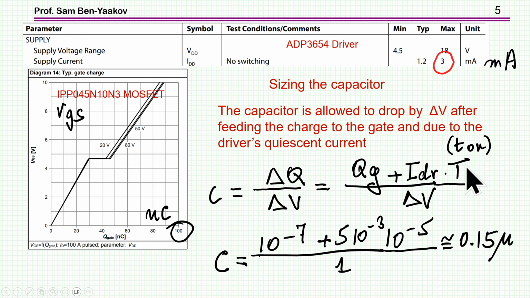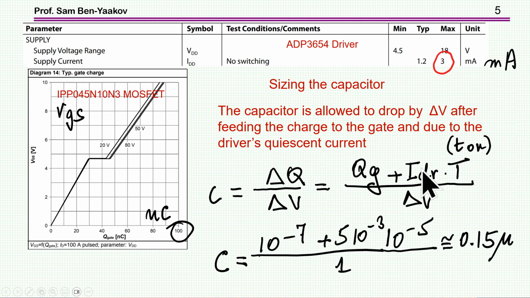I'm assuming that this has to do with the duty cycle, of course. I'm assuming a maximum duty cycle, so it will be the period of the switching frequency. In our case I'm going to talk about 100 kilohertz, but in some applications the switching frequency is low, like 50, 60 hertz. So this time could be large, and therefore the amount of charge is not insignificant.